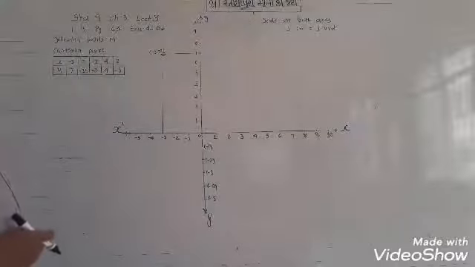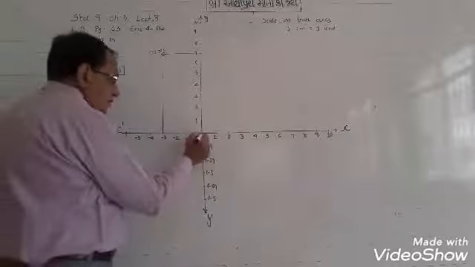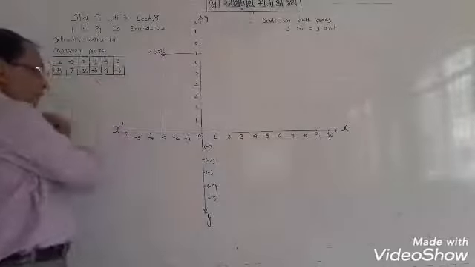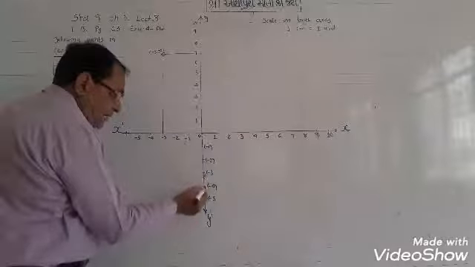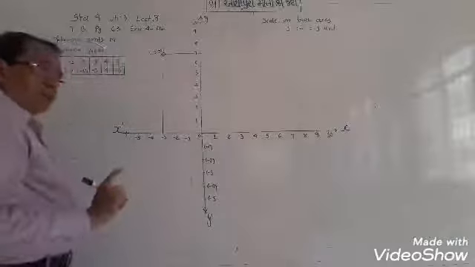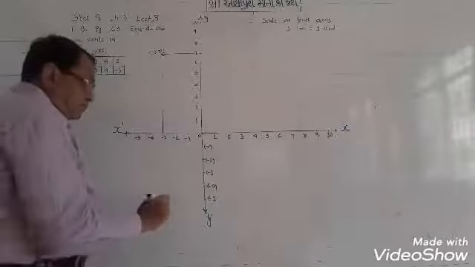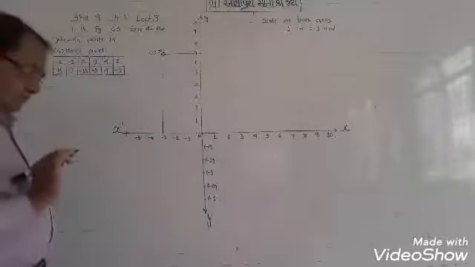Now 0, -3.5. Where is your x coordinate? 0 here. And where is your y coordinate? -3.5. -3.5 is here. Between -3 and -4 there are 10 parts. Each part shows 0.1.